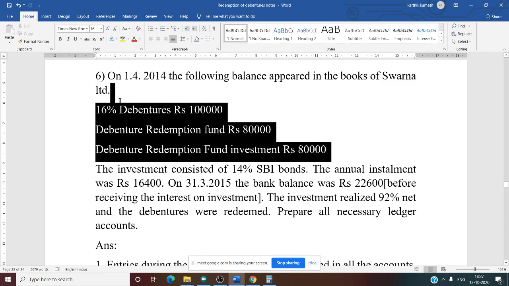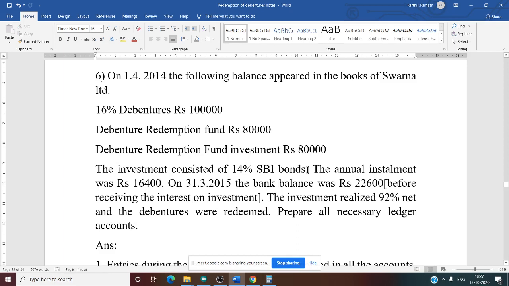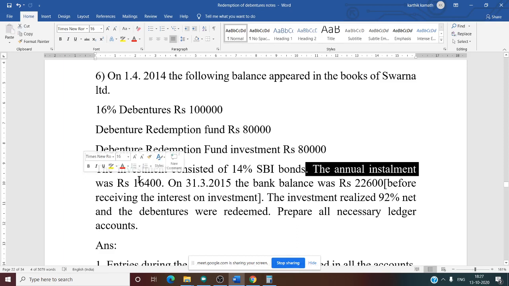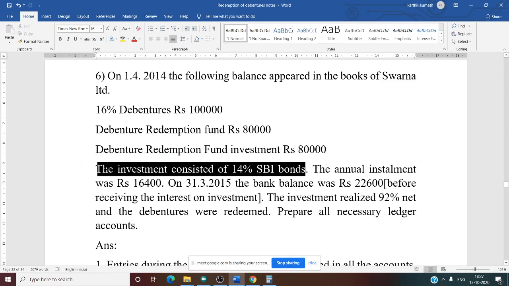So what are these information? For the first three accounts, they have given the balance for the last year, 2014. Now investment consists of 14% SBI bond.